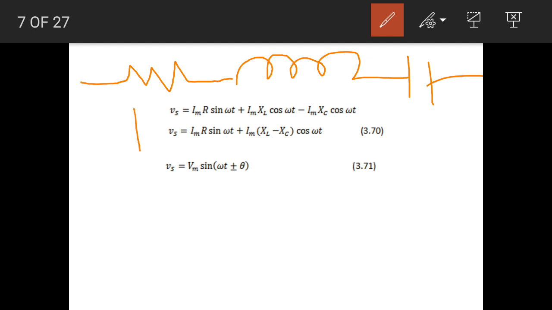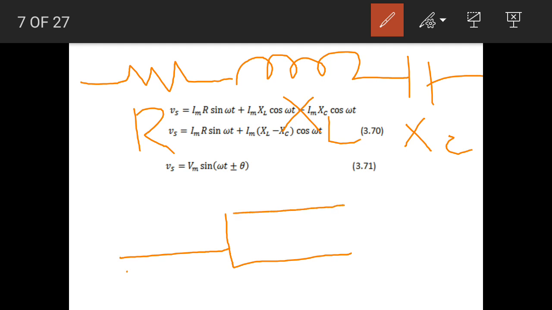The resistance of this passive circuit element is R. The opposition offered by the inductor to the flow of AC current is known as inductive reactance, which is represented by XL, and the opposition which is offered by the capacitor to the flow of AC current is represented by XC. So we have got the series combination of these three passive circuit elements in the original circuit, and we replace it by a single passive circuit element.